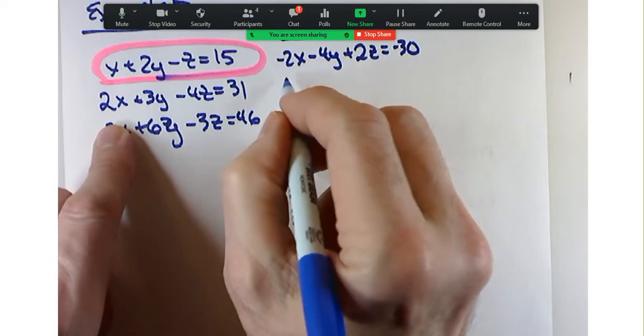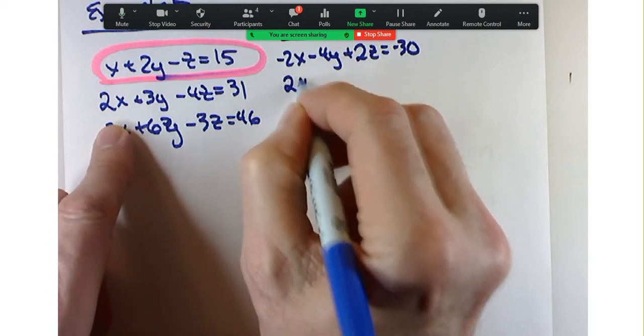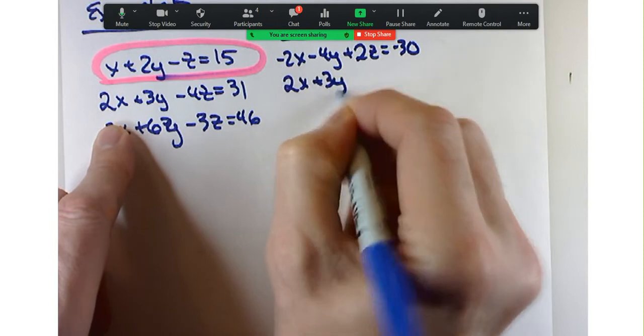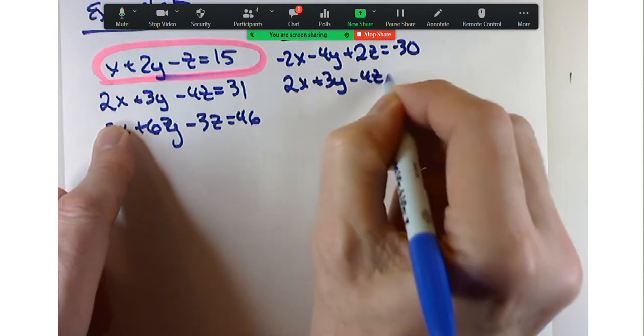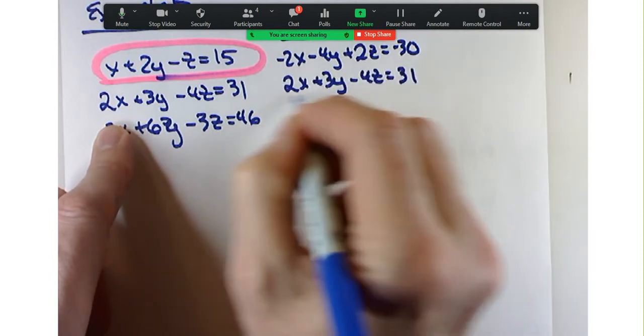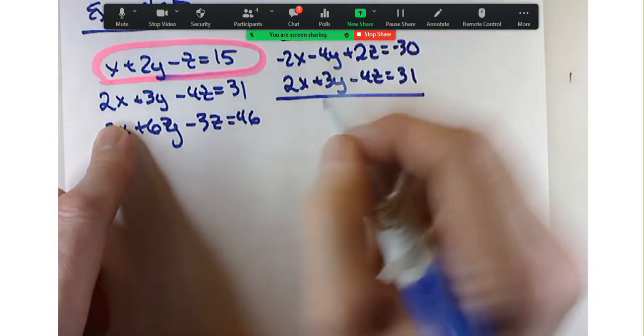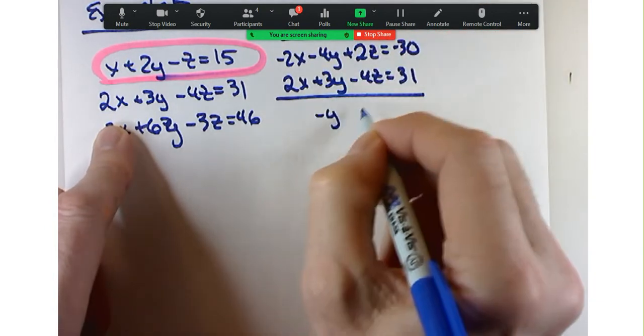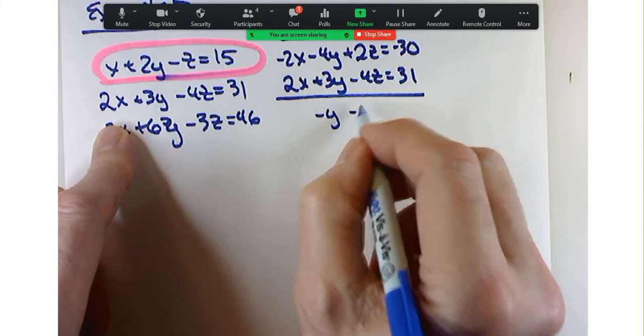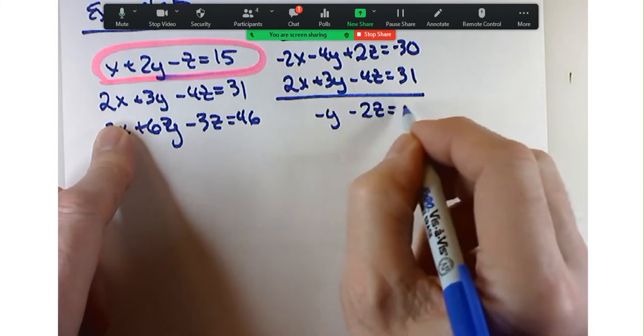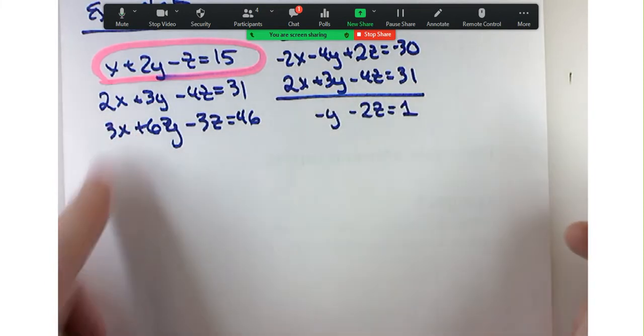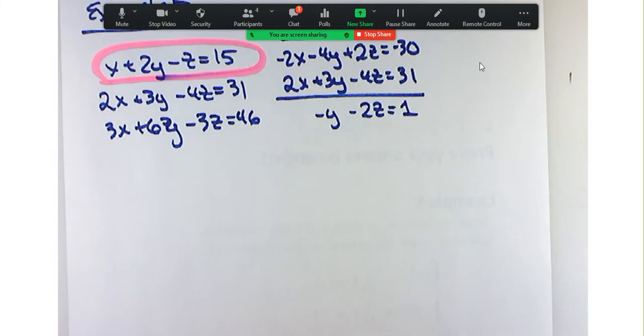Add that to 2x plus 3y minus 4z equals 31. The x's drop out. That's what's supposed to happen. Negative y minus 2z equals 1. Okay. Looking good there.